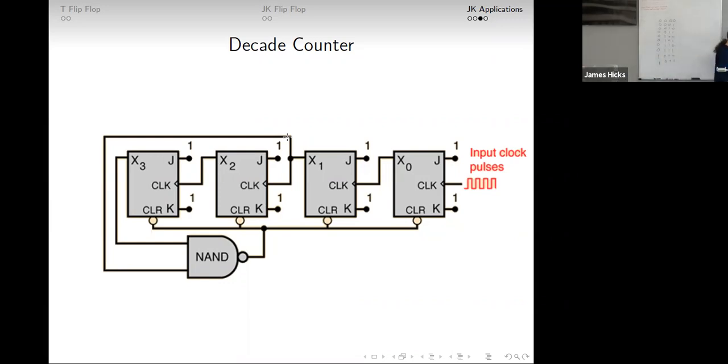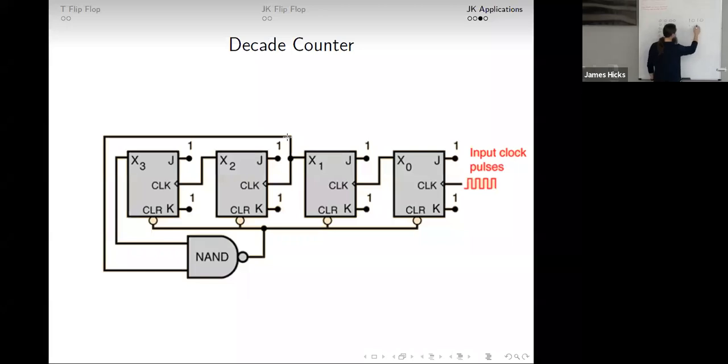So by NANDing together, this is 9. 1010 would be where you want to restart.